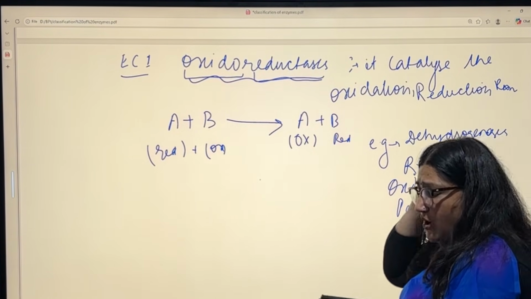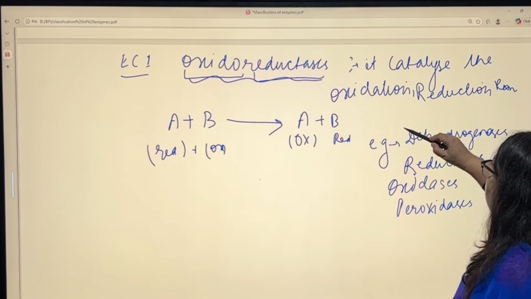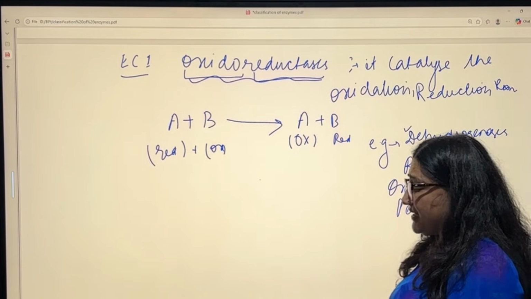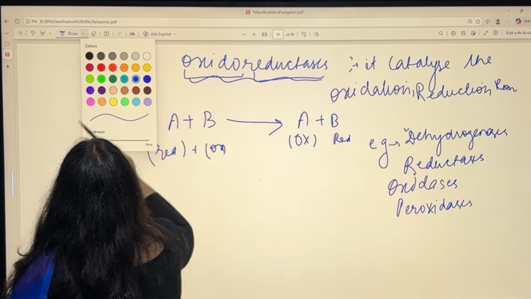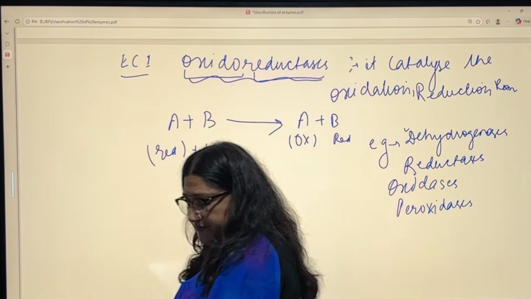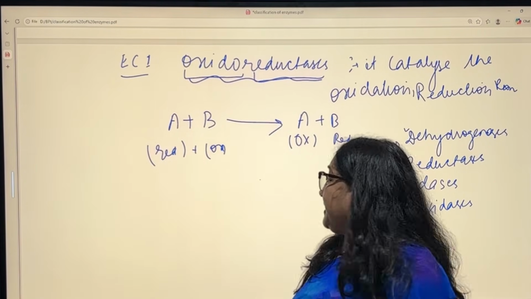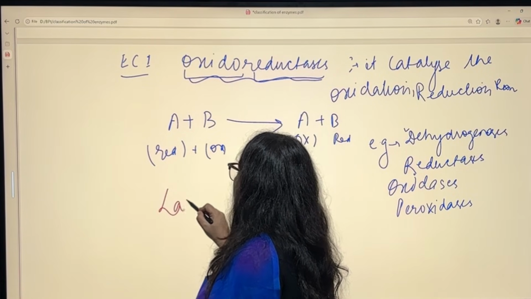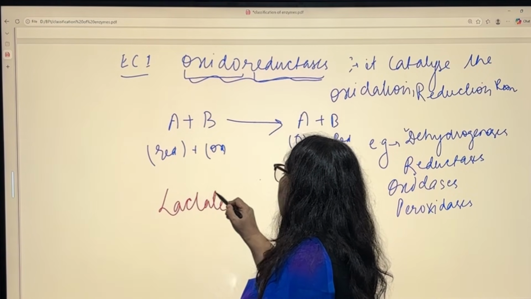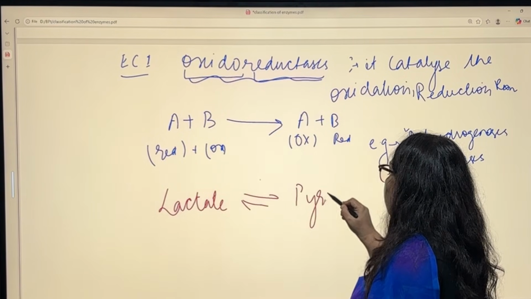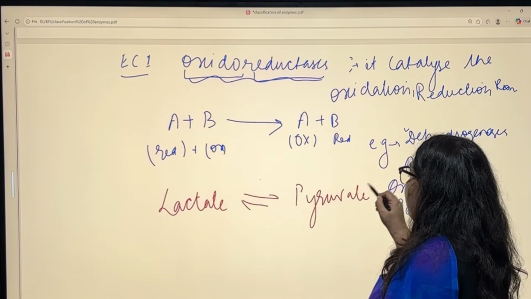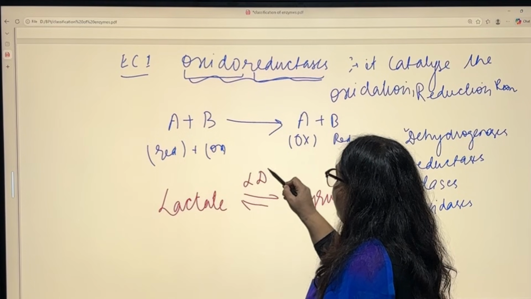Now, one example of a dehydrogenase is alcohol dehydrogenase. You can also say lactate dehydrogenase. We already know lactate is converted into pyruvate, and this reaction is reversible with the help of the enzyme LDH.